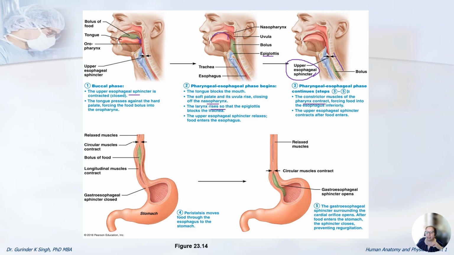Now once it's there, the upper esophageal sphincter again contracts, and then the circular muscles in the esophagus start contracting and pushing this bolus downwards. And then eventually your gastroesophageal sphincter will open up and the bolus will enter inside your stomach.